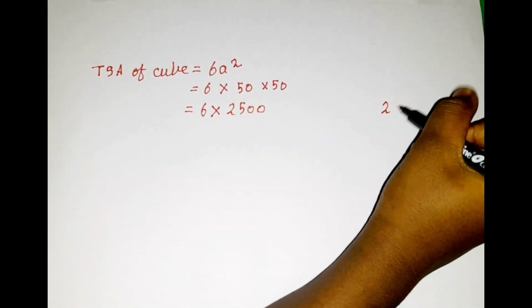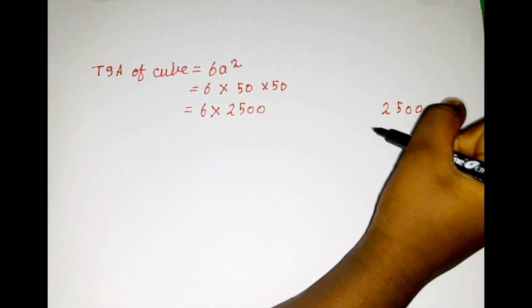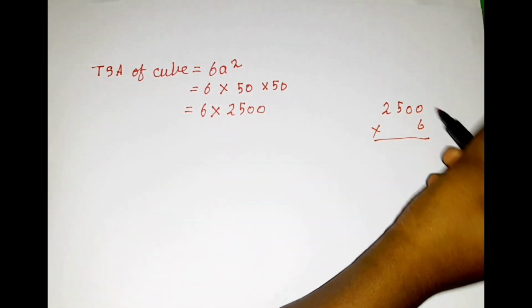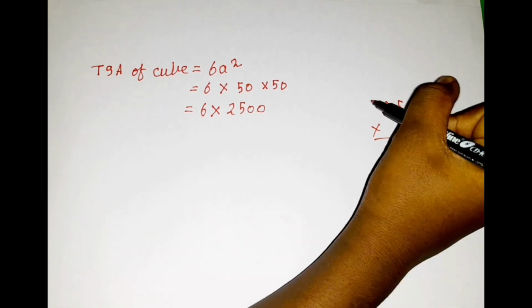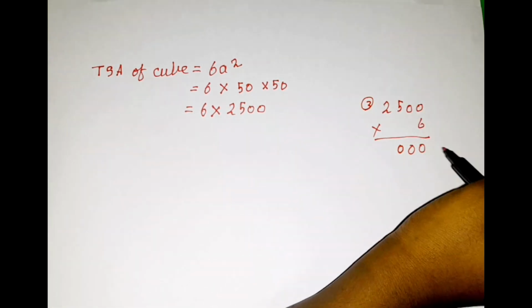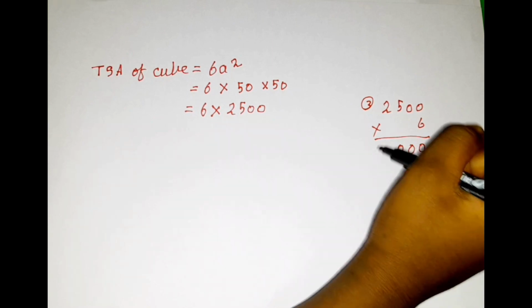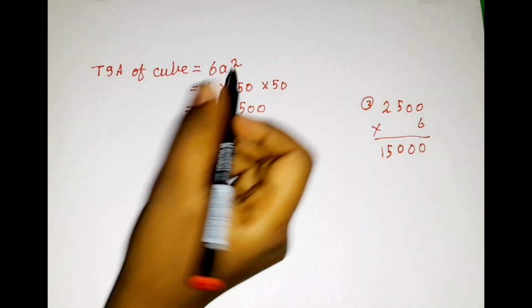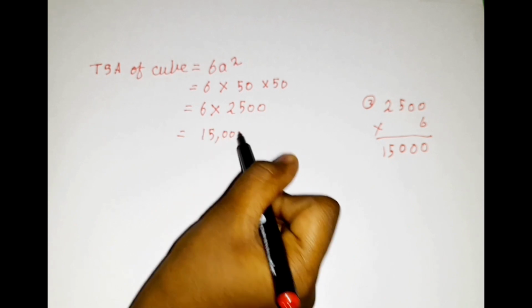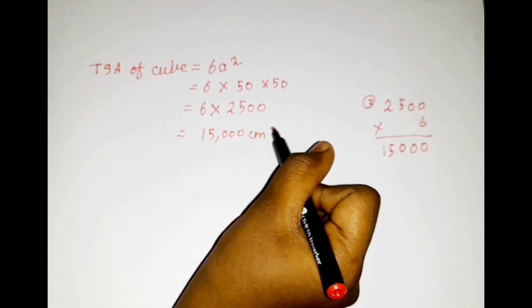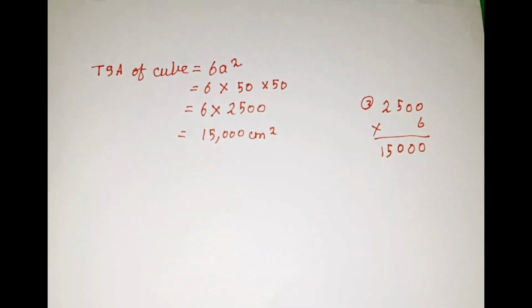So now we shall multiply it. 2500 into 6. 6 zeros are 0, 6 zeros are 0, 6 5s are 30, 6 2s are 12, 13, 14, 15. So now we have 15,000 centimeter square.